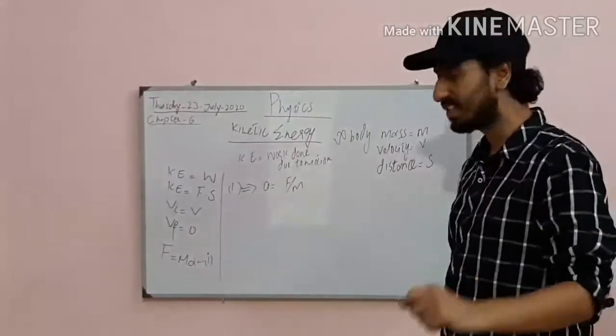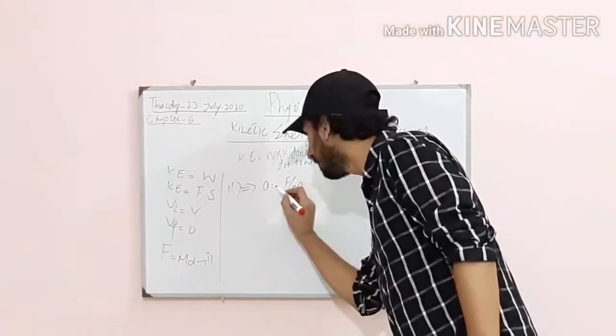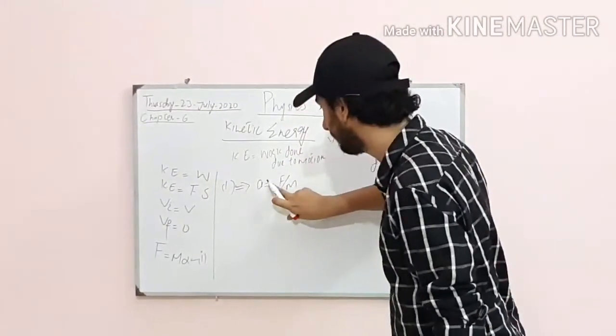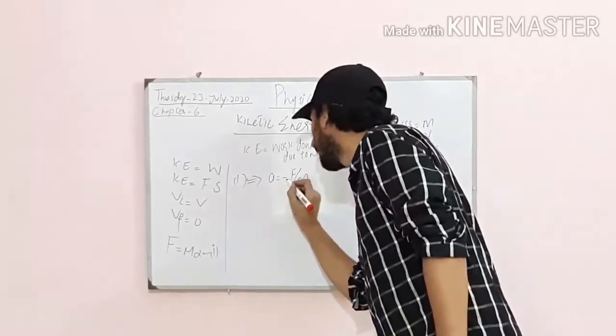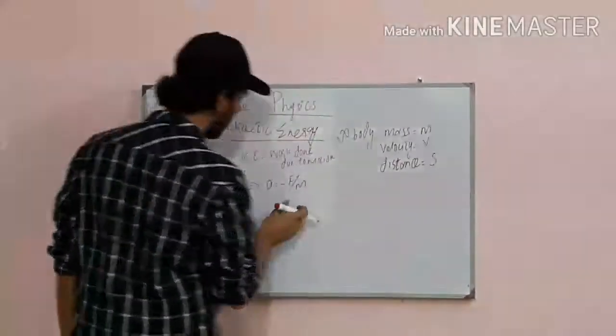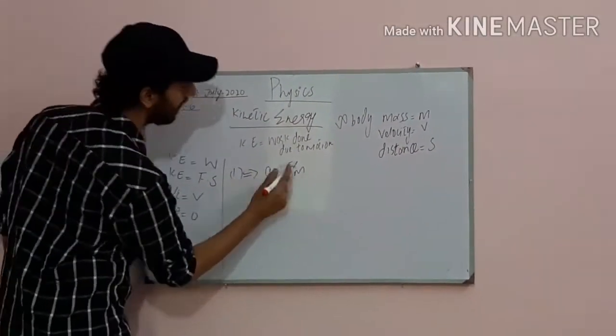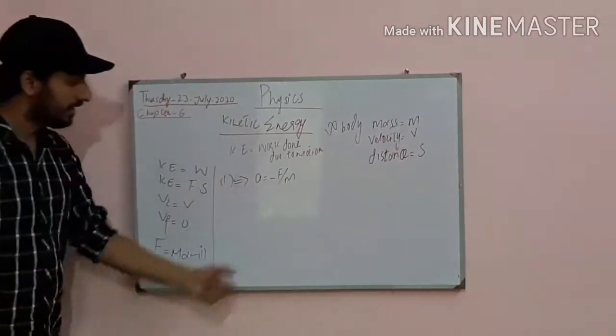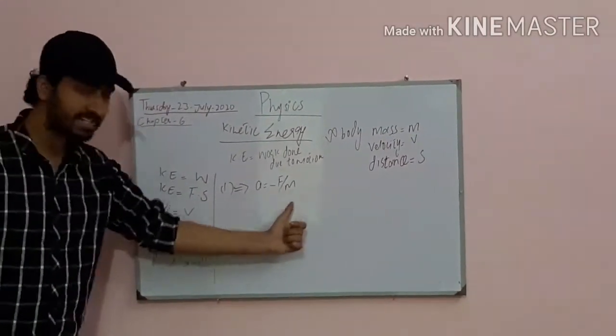Now students, concentrate, I am putting a negative sign here. Why am I putting a negative sign here? a is equal to minus F by m.